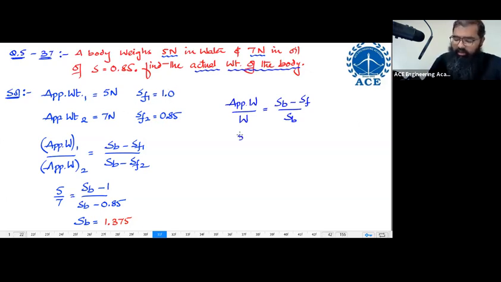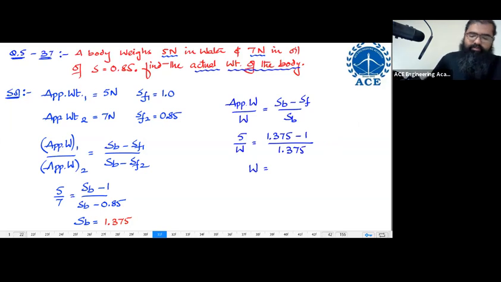So now I'm writing 5 upon W has to be equal to how much? It has to be equal to SB minus SF upon SB. SB value is 1.375, so 1.375 minus 1 upon 1.375. From here, you can develop the value of W. Please start.